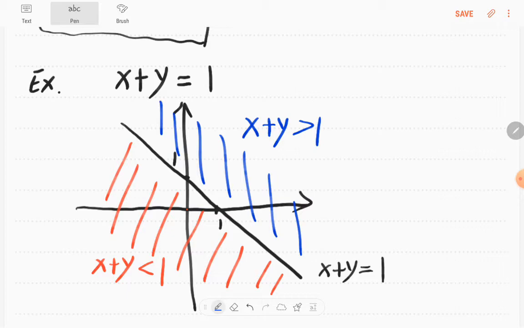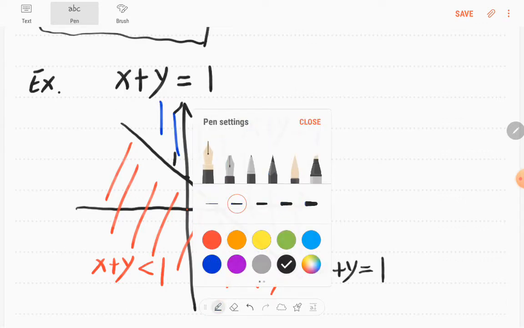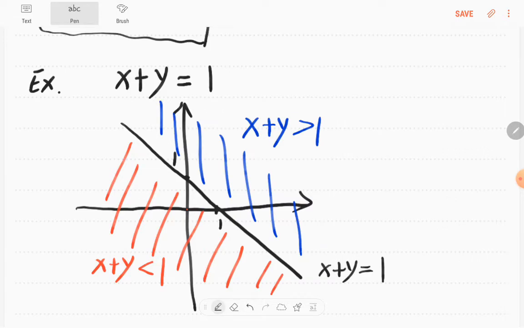So what about x plus y greater than or equal to 1? That is the blue region plus this line. What about x plus y less than or equal to 1? That is the red region plus this line. Okay, so now let's look at some examples.